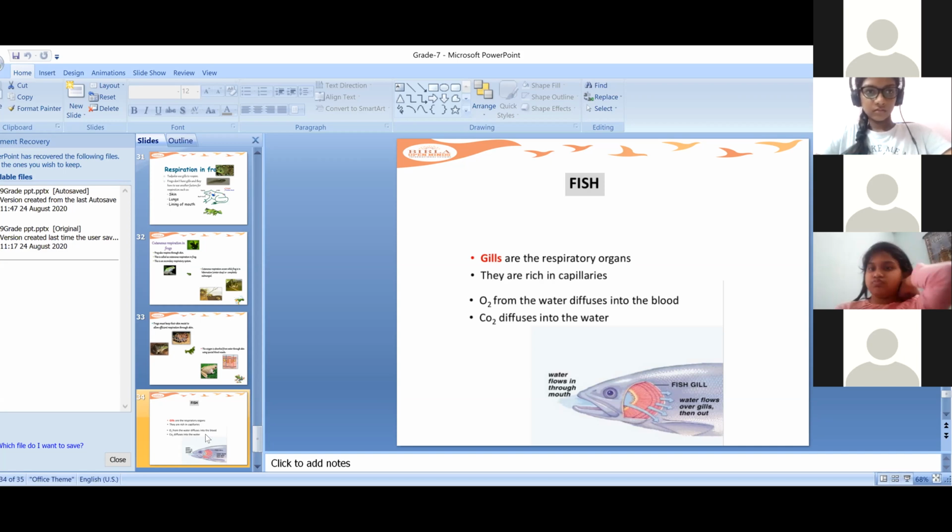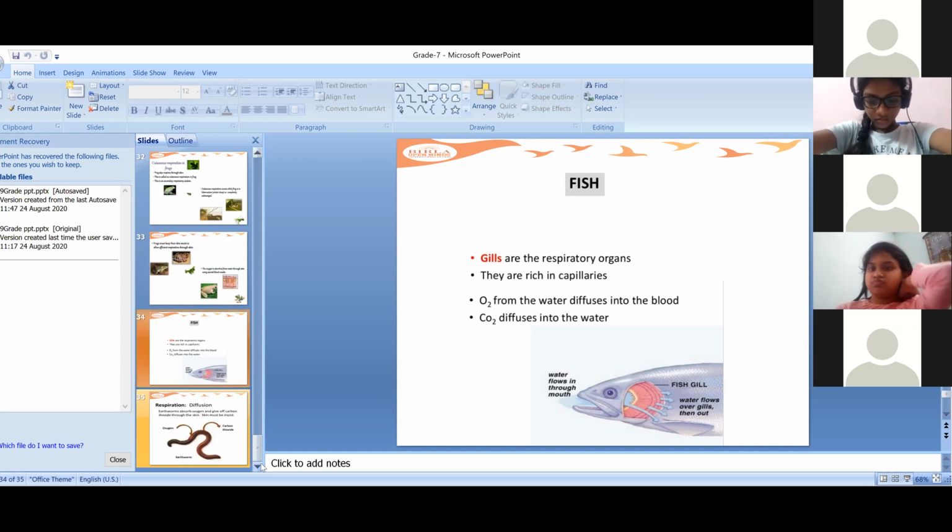So the oxygen from the water diffuses into the blood through these gills when it enters. Carbon dioxide also diffuses into the water again. So with the help of these gills, in the case of fishes. Okay, children.